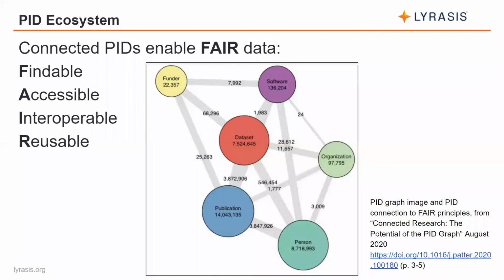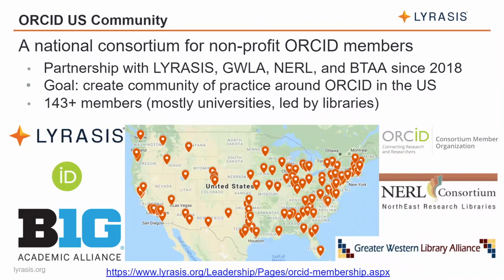Now, when it comes to libraries leading the way, libraries in the U.S. are definitely leading the way when it comes to ORCID adoption, which can benefit academic libraries and universities at large.